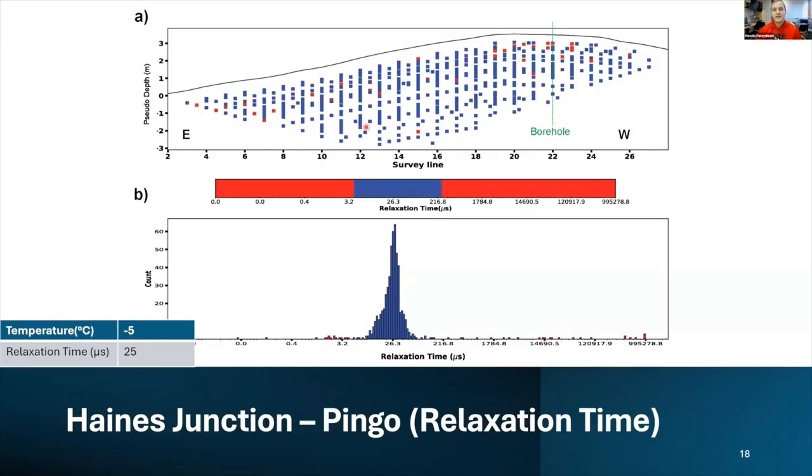But we can see that the relaxation time result for this field measurement showing the strong signal that just comes from ground ice. But at the same time, on the field, we have a borehole near 22nd electrodes, 22 meters.